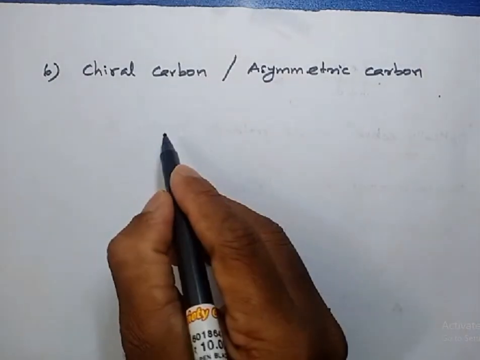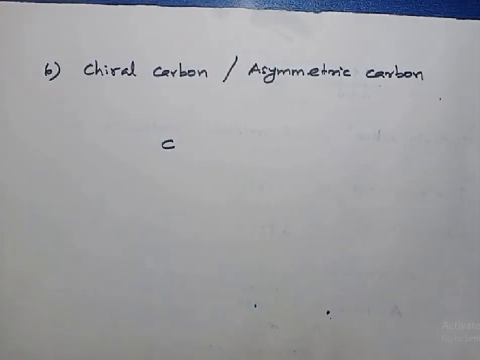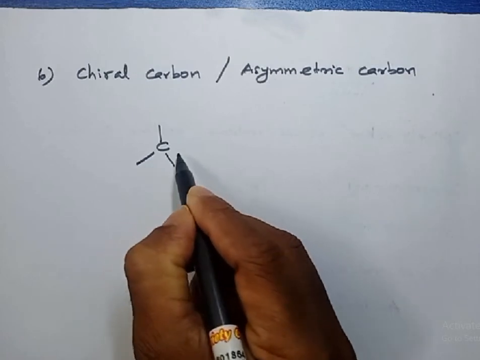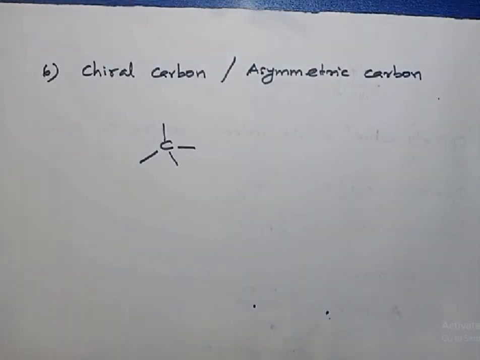Chiral carbon means, suppose a molecule may contain one carbon or more than one carbon. You just see the four atoms or groups attached to the carbon. Because you know carbon valence is 4, so 4 atoms or 4 groups should be attached.